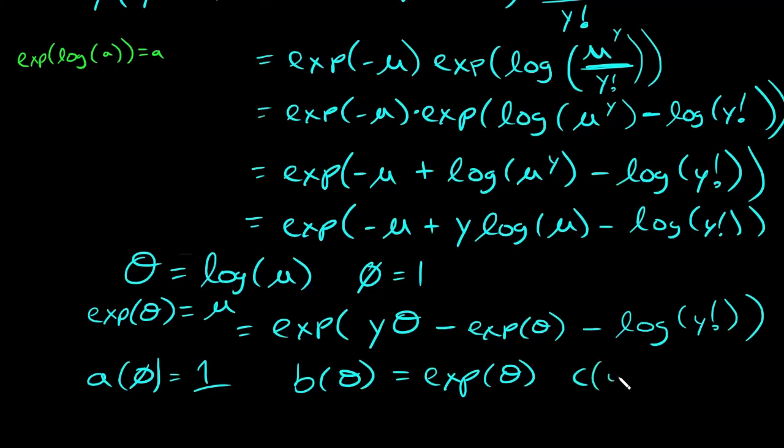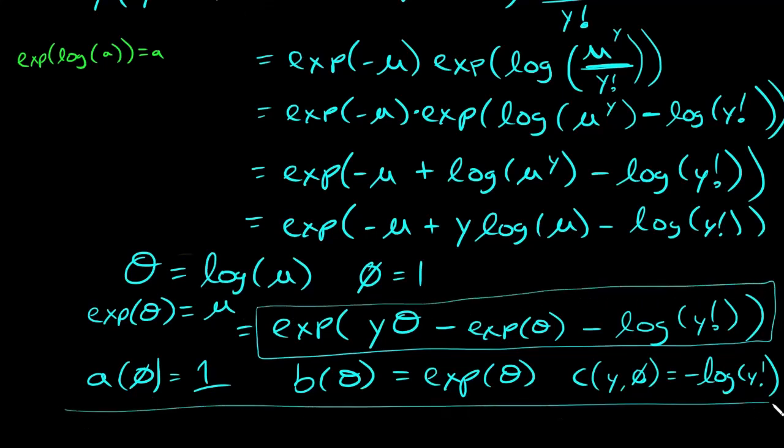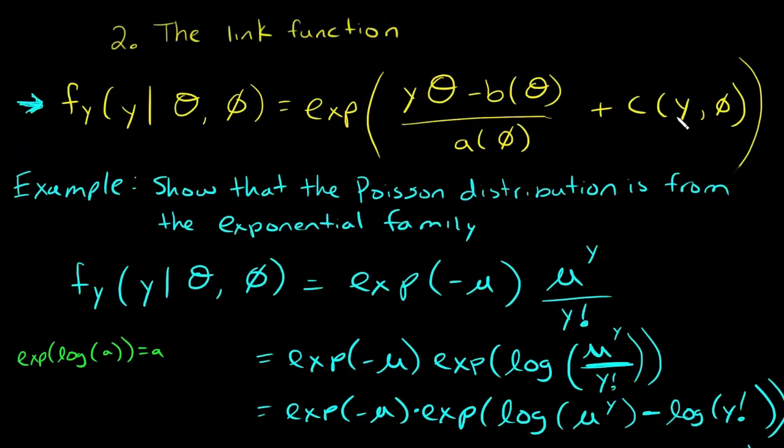And then c of y and phi is just going to be this negative log of y factorial. Okay? And so there you go. This is the Poisson distribution, and these are your functions for a, b, and c written as an exponential family distribution.